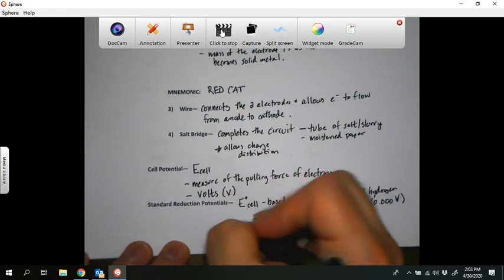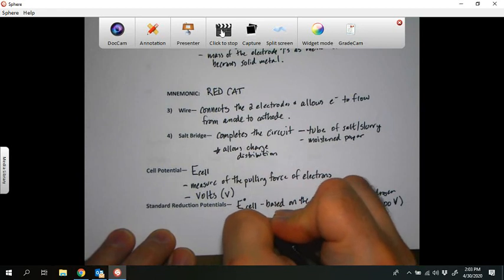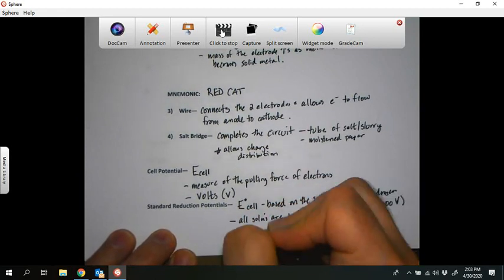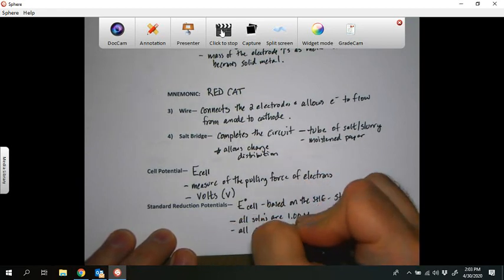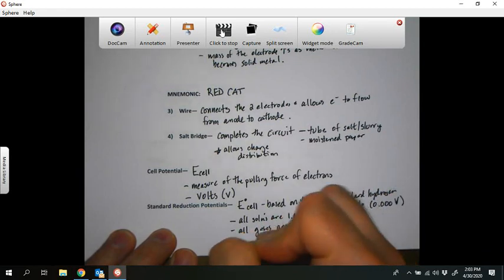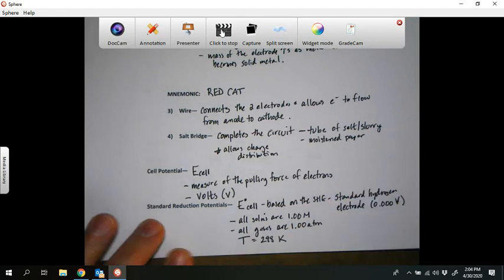So what these standard conditions are: all solutions are 1.00 molar. All gases, if they're measured, are at 1.00 atmospheres. And our temperature is 298 Kelvin, which is room temperature, just like when we talked about thermochemistry.